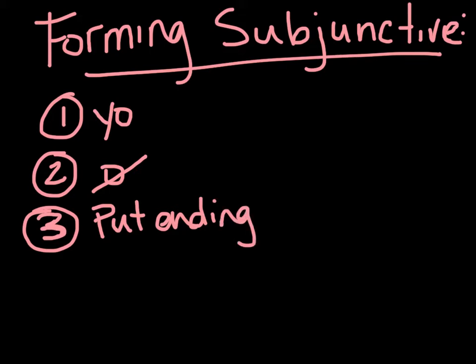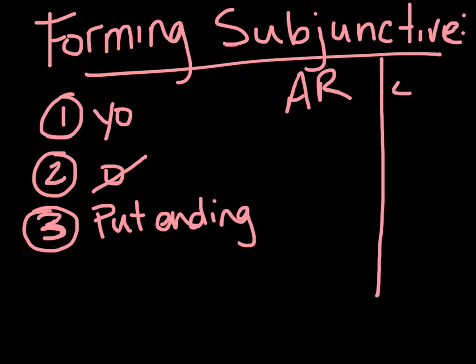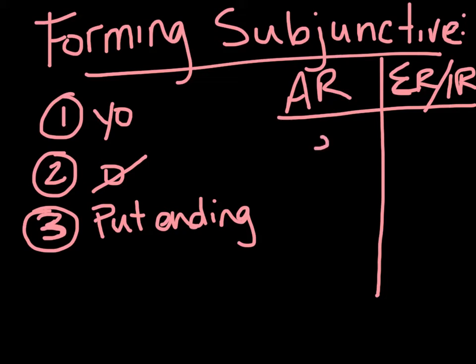So what are your endings? Well, for AR verbs, our yo ending is e. Our tú ending is es. Our ella ending is e. Nosotros emos.